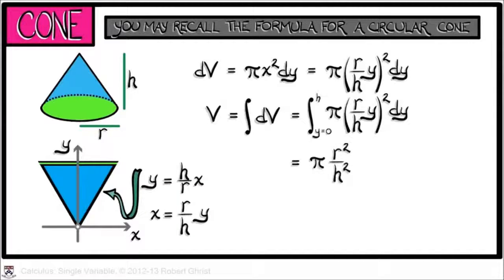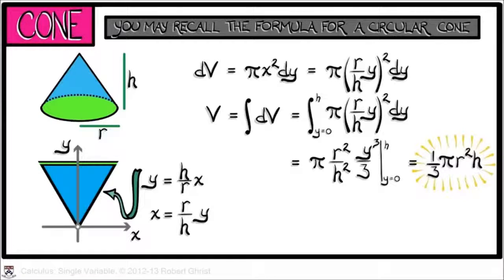Pulling out the associated constants gives pi r squared over h squared. What's left is the integral of y squared dy, which is, of course, y cubed over 3. Evaluating from 0 to h yields the perhaps familiar formula 1/3 pi r squared h.